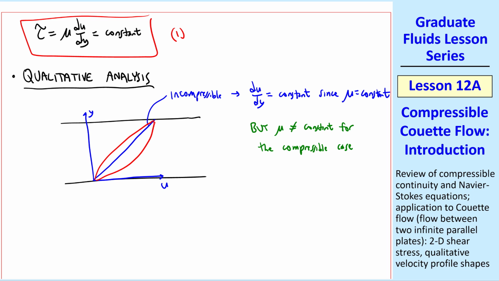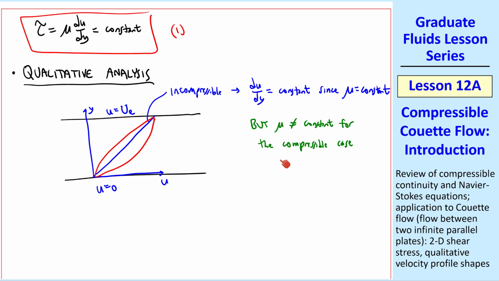We'll still have the boundary conditions that u equals 0 at the lower wall and u equals ue at the upper wall, but our goal is to figure out what kind of profile shape we have when mu is not constant. For simplicity, we'll let mu be a function of temperature only, and we know that temperature is a function only of y, therefore mu is also a function of y only.